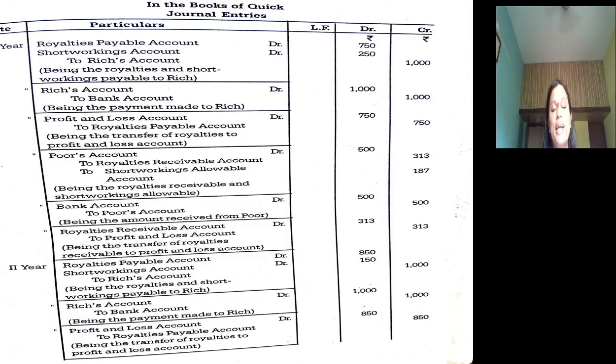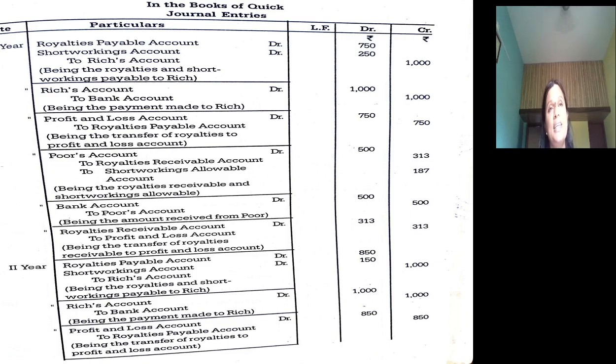To pass the next 3 entries, we need to concentrate on the royalty receivable chart. If it is confusing, try to understand. The next 3 entries in the first year are a separate set of journal entries in the books of Quick in the capacity of sublessor.